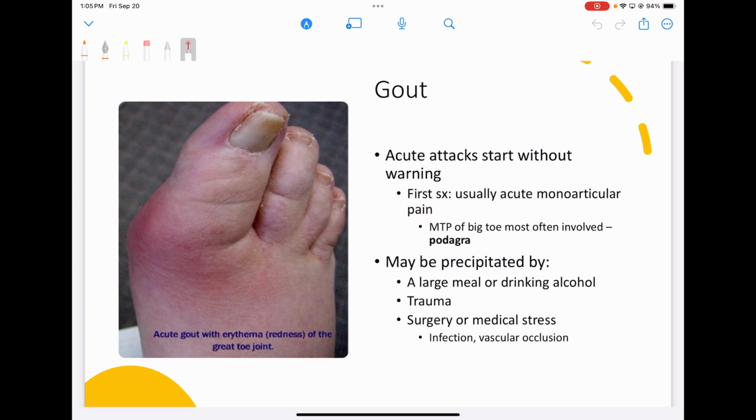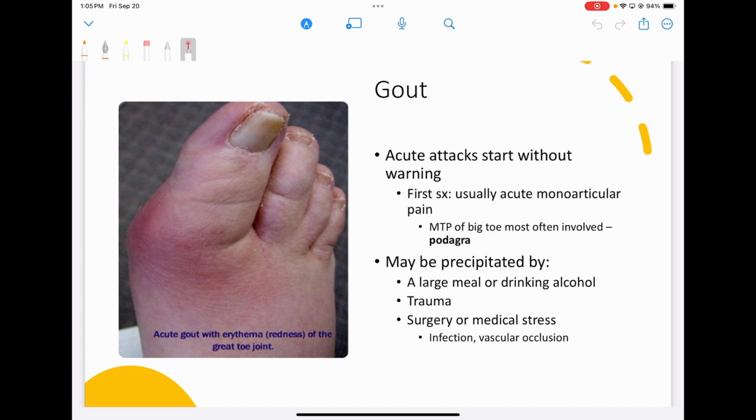Keep in mind, as you start learning about different diseases, what things present bilaterally and what things will always present unilaterally. Gout, unilateral. Rheumatoid arthritis, bilateral. Osteoarthritis can be unilateral, but it can be bilateral as well.